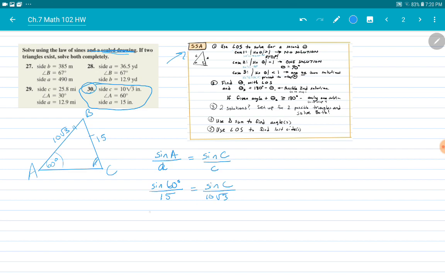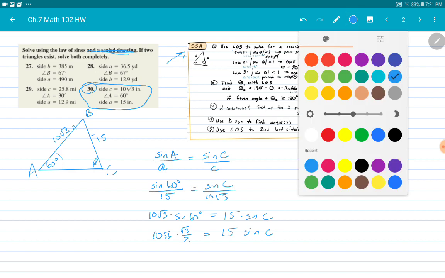When I cross multiply, I get 10 radical 3 times sine of 60 equal to 15 times sine of C. Sine of 60 is equal to radical 3 over 2. So I'll get some cancellation here.